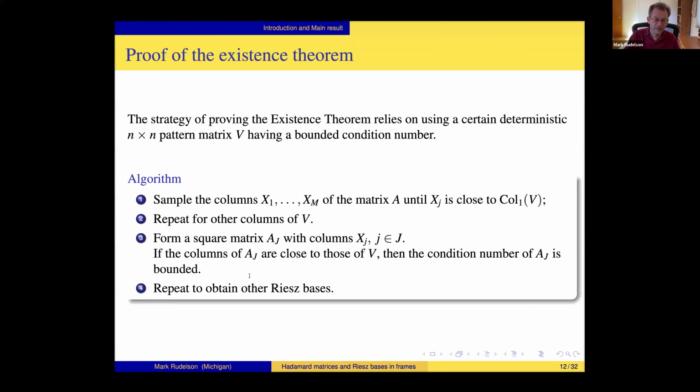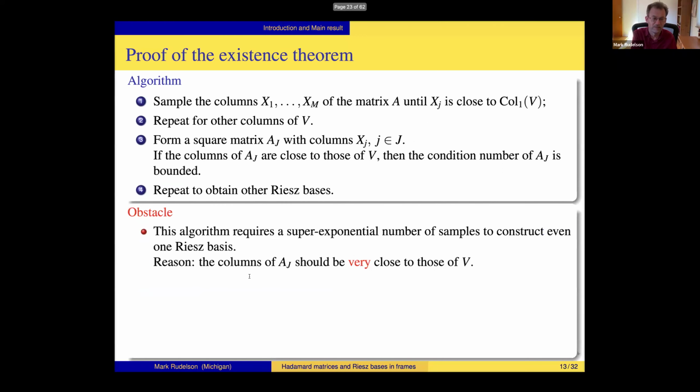And then I repeat and get a second square submatrix which is very close to this pattern matrix. And we hope that if we do it, then the perturbation theory will allow us to say that the condition number of the matrix we constructed this way will be close to the condition number of V. If I can get very close to the columns of V, this is indeed true.